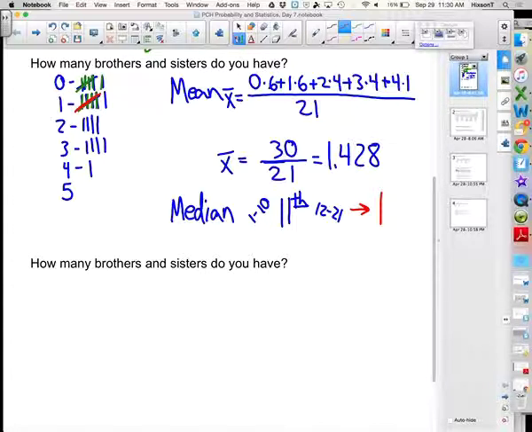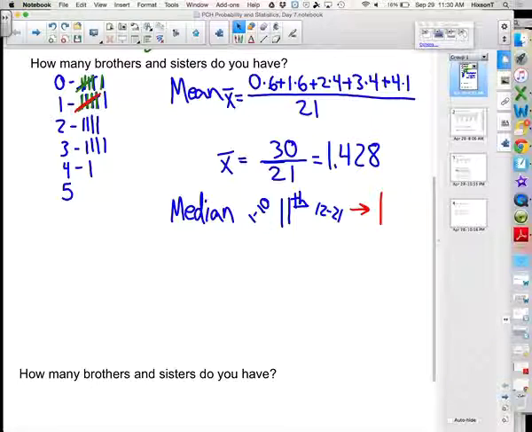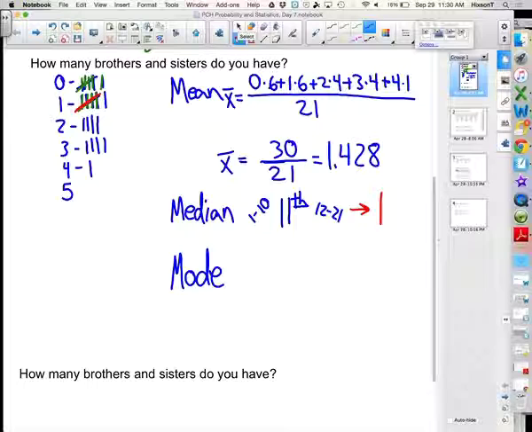Okay? All right, and then finally, we have our mode. Okay? Our mode. What's our mode in this case? 0 and 1. You guys gave us data that is bimodal. Okay?